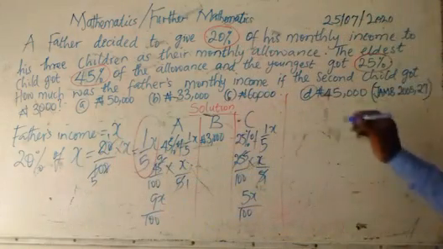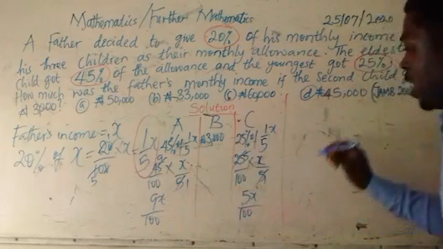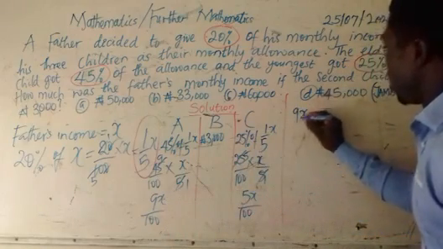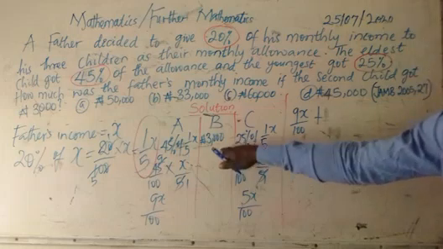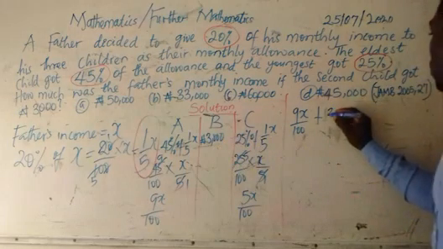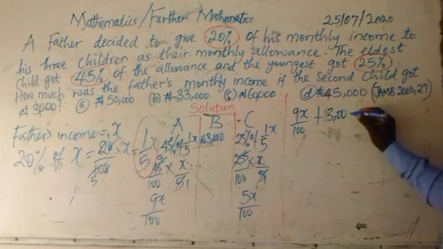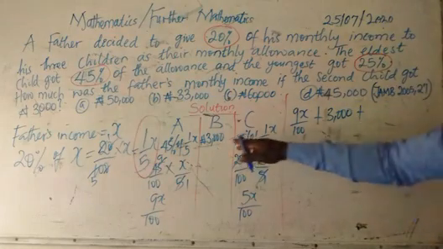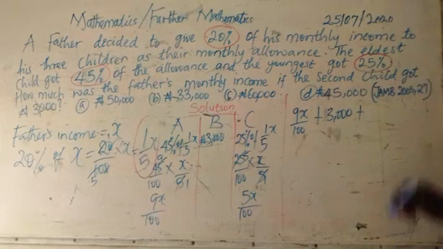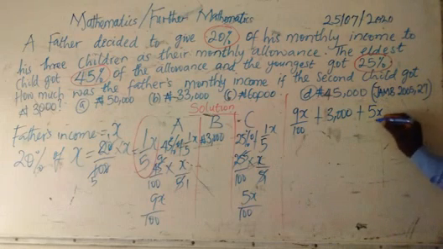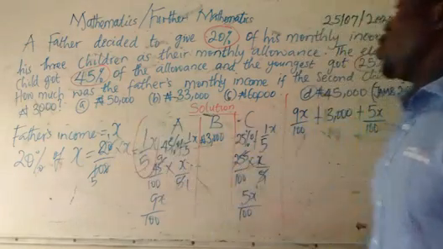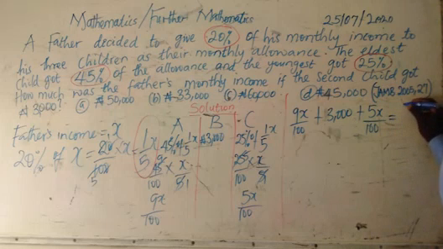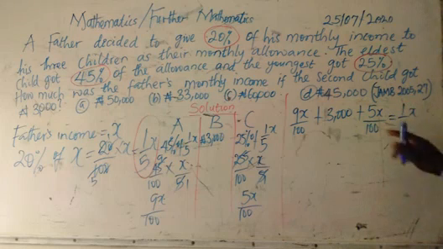So we go this way. 9x over 100 plus the one for B, the second child, 3,000 naira, plus the third child, that is the youngest, 5x over 100. Everything should give us 1 over 5x, which is the same thing as x over 5.